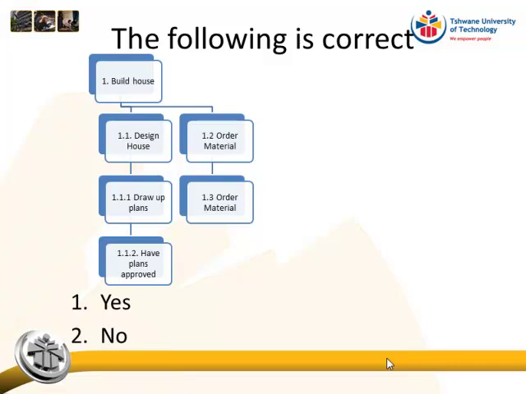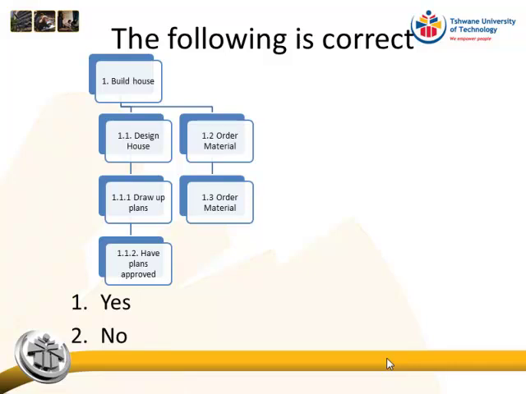Okay, but let's forget about the fact that the rest of the thing isn't here, and let's look at this leg over here. Is this leg by itself correct? Is the hierarchy correct? Aluwani. Yes.